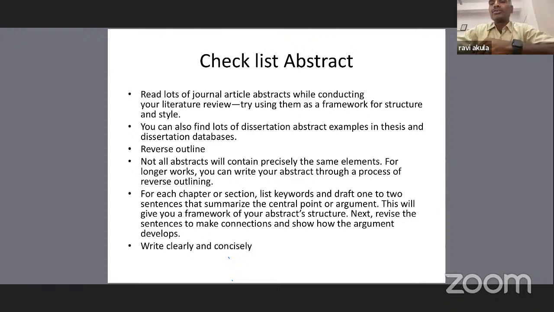So one need not worry about maintaining homogeneity or a similar kind of pattern, but overall the abstract should reflect the content of the full research activity. So for each chapter or section, there used to be keywords, and those keywords will attract the reader's interest. What topics and concepts are covered in the research paper will be indicated by the keywords. And these abstracts should be prepared very clearly and concisely.